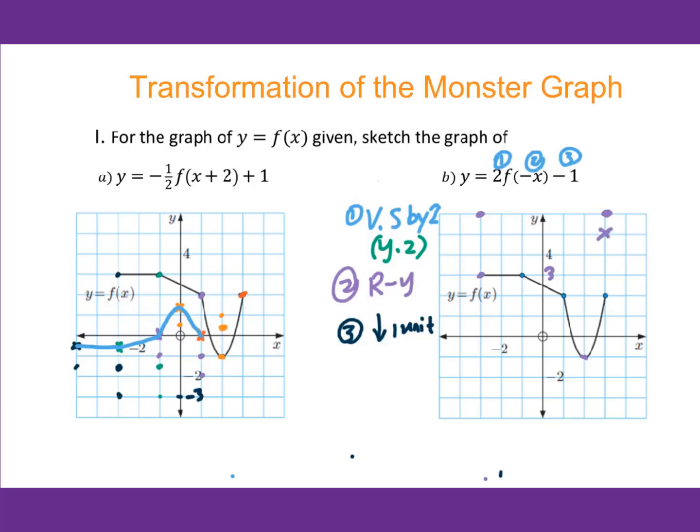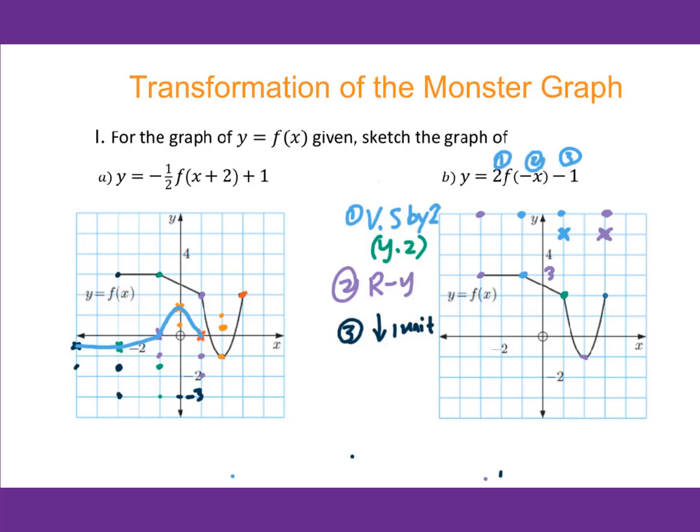This will be the final point. Go to second point. We do exactly same thing. Your y coordinates multiplied by 2, then reflect across the y-axis, then go down 1 unit, go here.